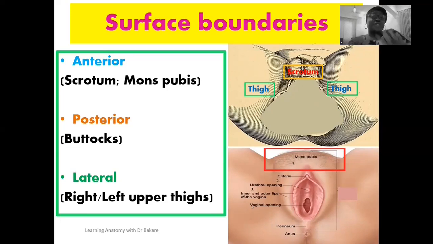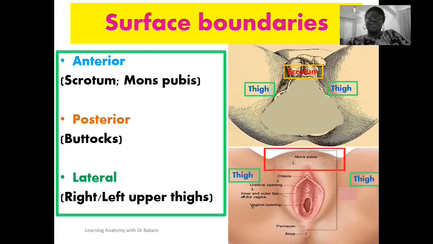And this is the surface boundary or the superficial boundaries. And this is what creates the alignment of the perineum at the superficial region. If you go to this lower image, we say this is the perineal region in female. At the lateral side, you also have the upper region of the thigh bounding the perineum.